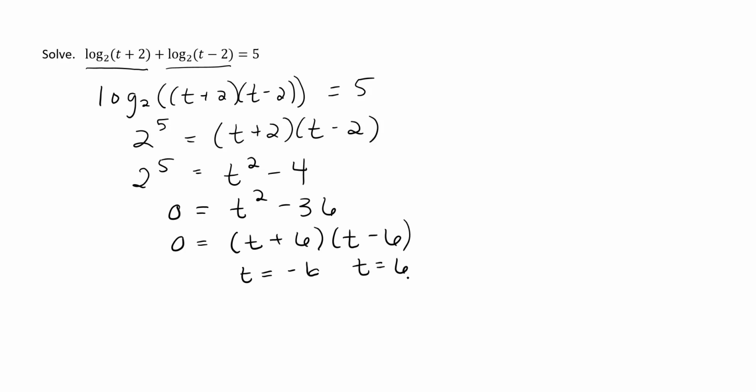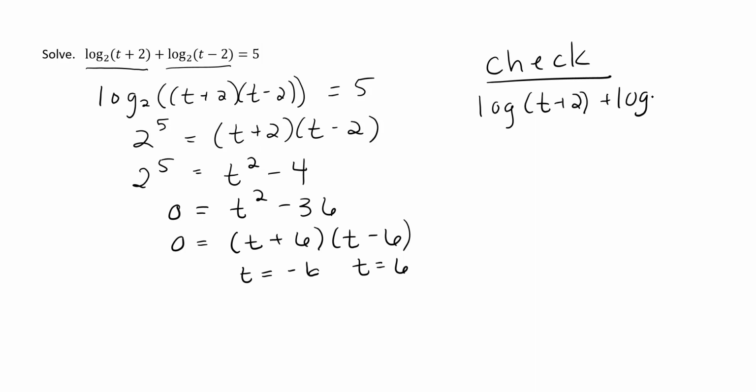6. Now here's an equation where it is very important to check your solutions. When you go back into your original equation, so let me just rewrite it here. When I put a negative 6 in for t, in both spots here, I'm going to have a negative outcome.